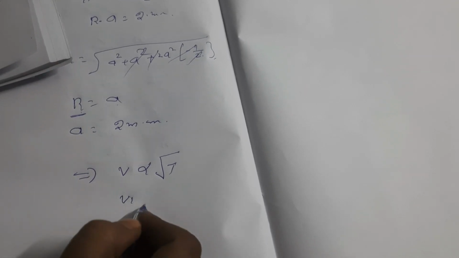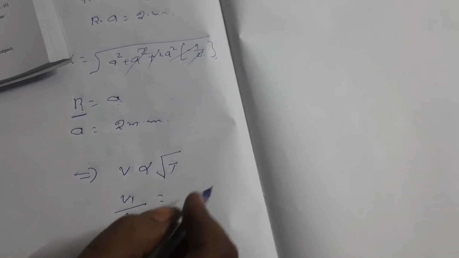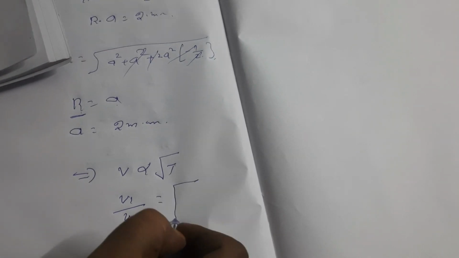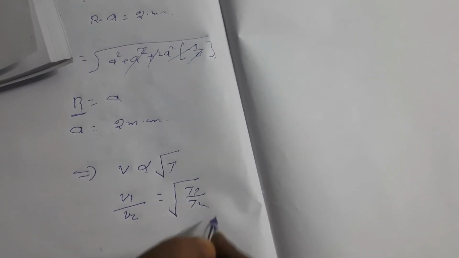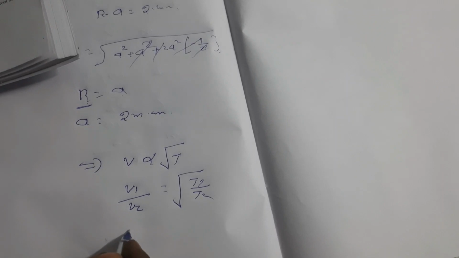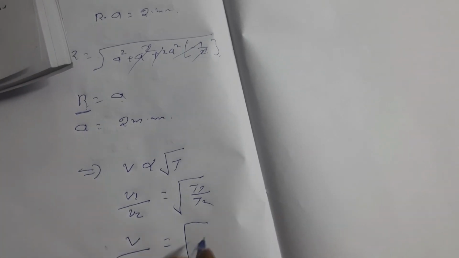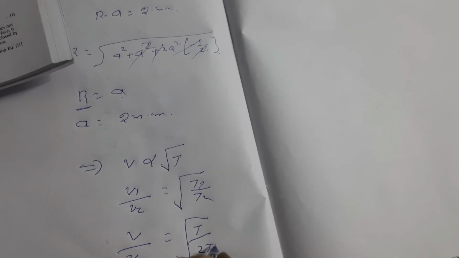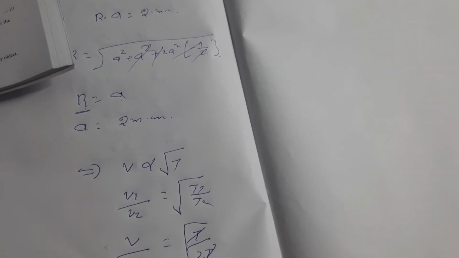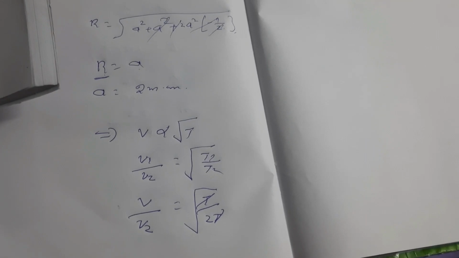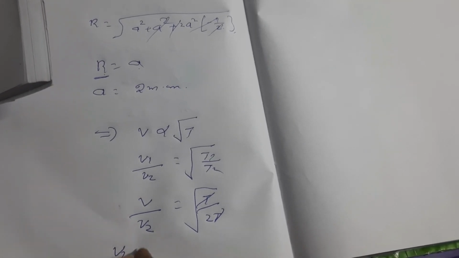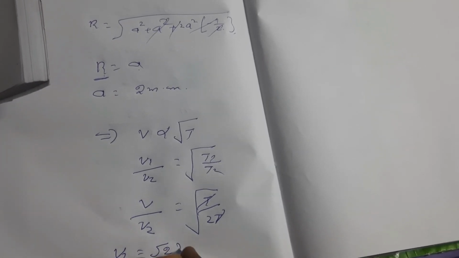So V1 by V2 equals under root T1 by T2. Clearly they have given V1 is V, so V by V2 equals under root T by 2T. In IPE also, in kinetic theory, we have this problem. Here finally we require V2, and the answer is root 2 times this V.